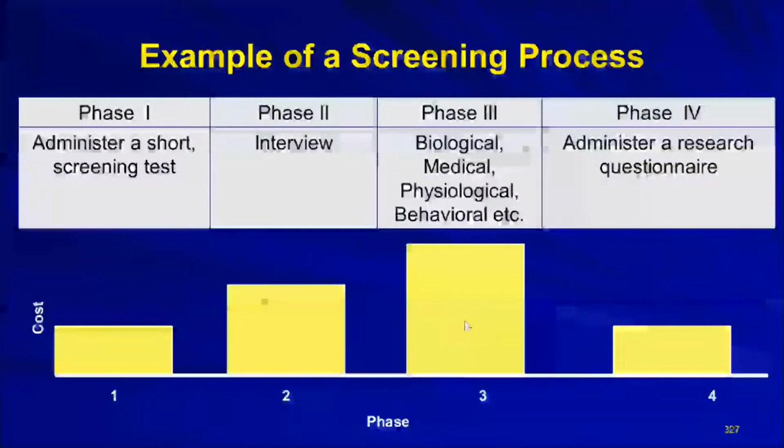Now, this is an example that has to do with cost and contact with people and what happens in terms of the number of professionals being used. When we do this, in phase one, if we administer a short screening test, that's not going to cost us very much. That's going to be very quick.